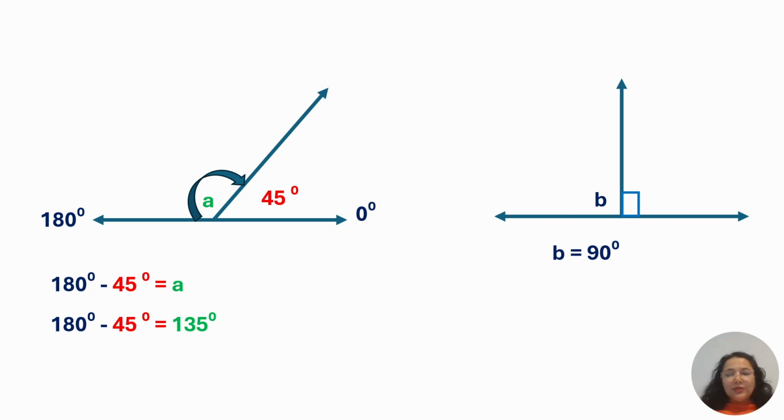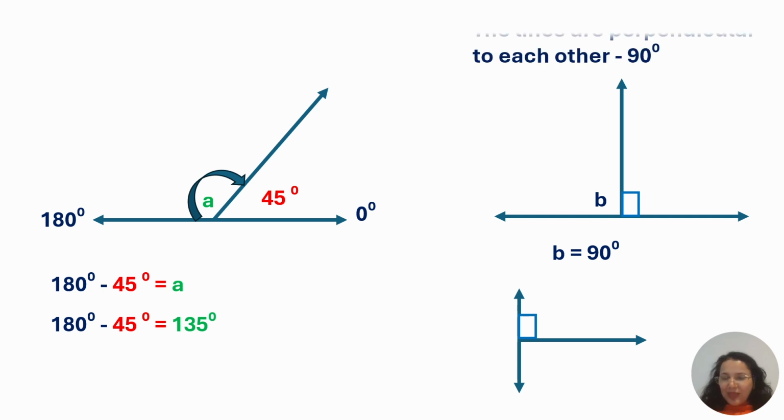But we must also get used to things not looking vertically and horizontally. It can also be this way as well, where one side is 90 degrees, and then the other side is 90 degrees as well. So we say when the lines are perpendicular to each other, they are at 90 degrees.